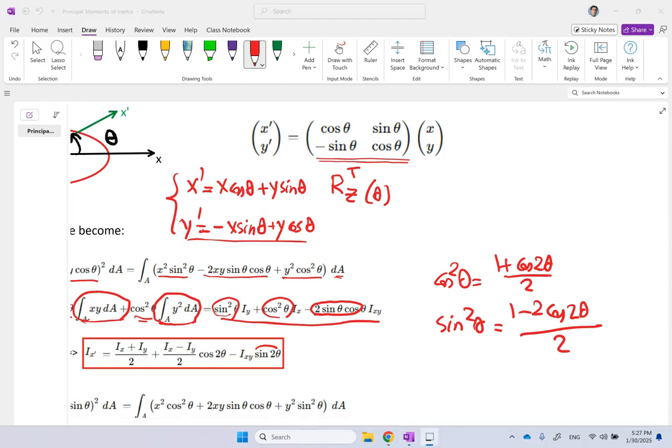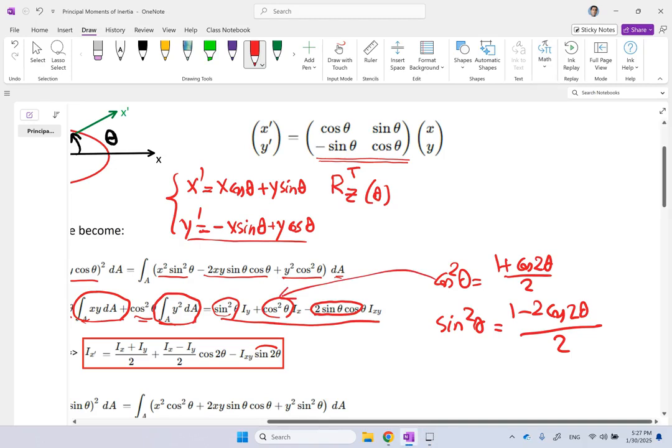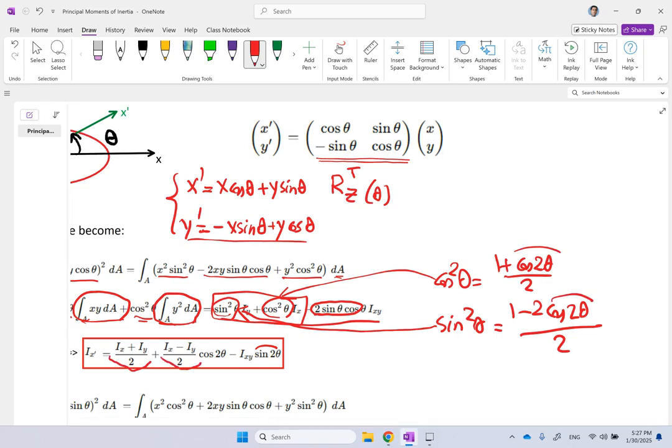If you replace them here, then these terms will be written all in terms of cosine of 2 times the angle, and you'll get this. There is a constant term, there is a term that depends on cosine 2 theta, and there is the product term that is multiplied by sine 2 theta. The constant is the average of those two, which, by the way, is a constant because this is your J_O, the polar moment. So that is half of J_O, the constant term, and then the difference between them divided by 2 times cosine 2 theta, minus I_xy sine 2 theta. This is what? This is I_x'x'.